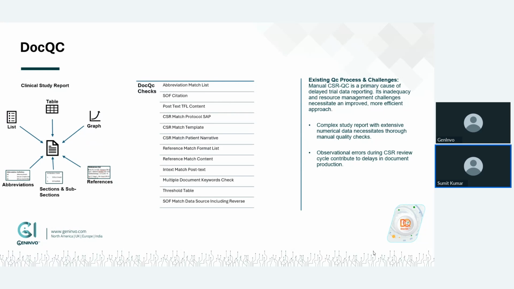That involves scrutinizing the reported result against the original data source, cross-referencing the statements made in the CSR with the supporting references mentioned, and carefully analyzing the consistency between the obtained result and the conclusion drawn.